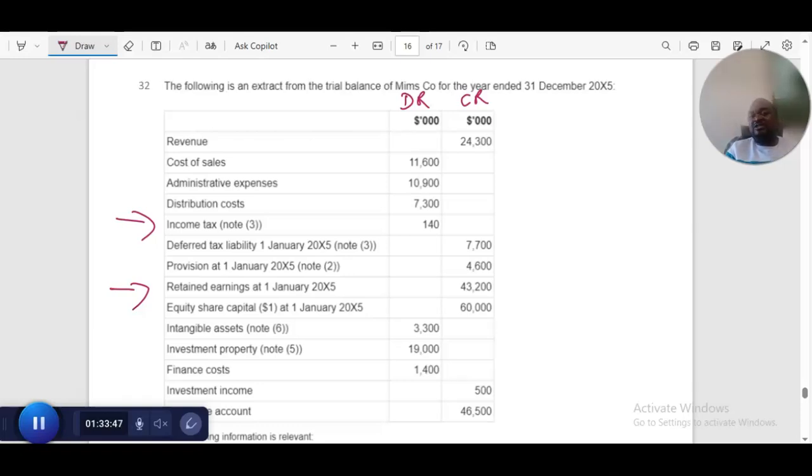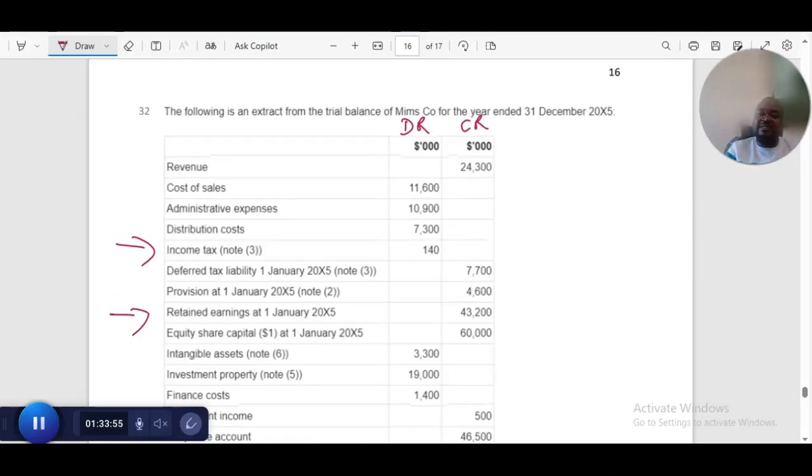The revenue, we know it is on the credit. That one is obvious, and the costs and the assets, the debits, ladies and gentlemen. The debits are for costs and assets, costs and assets, expenses, right?